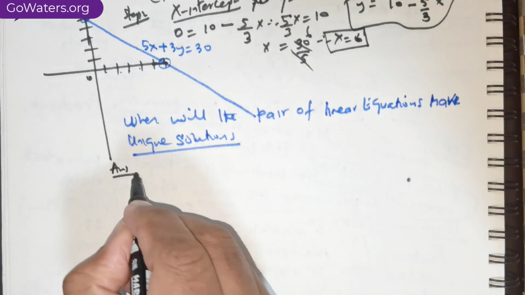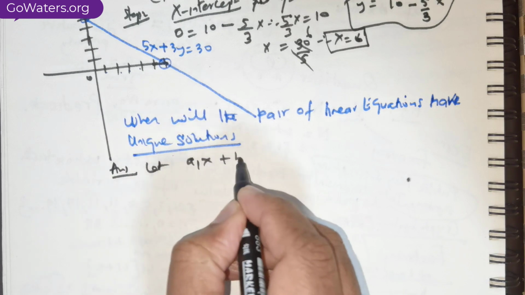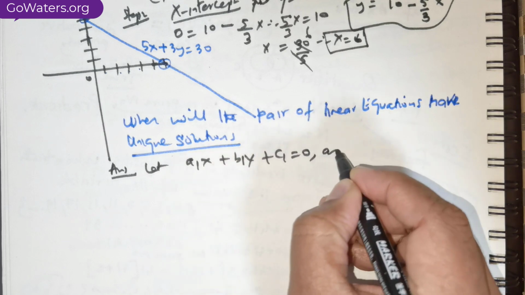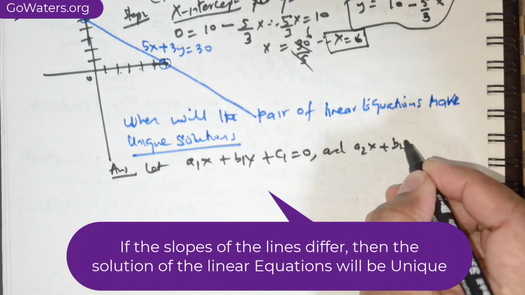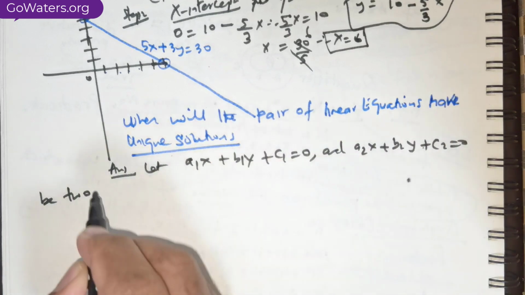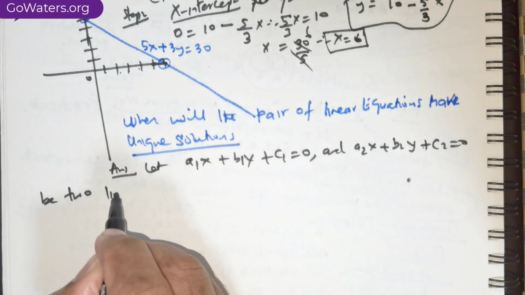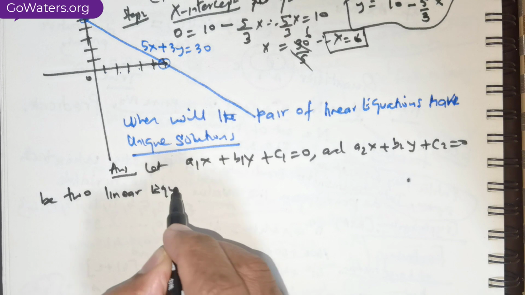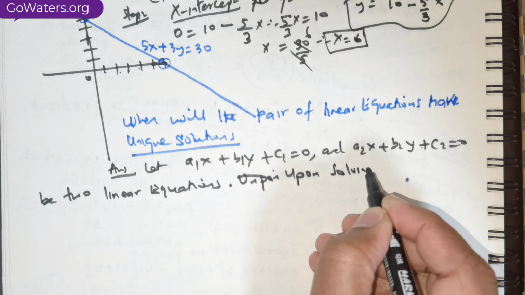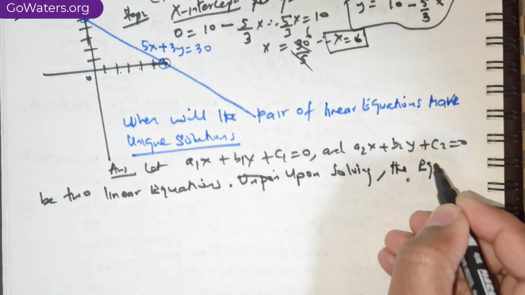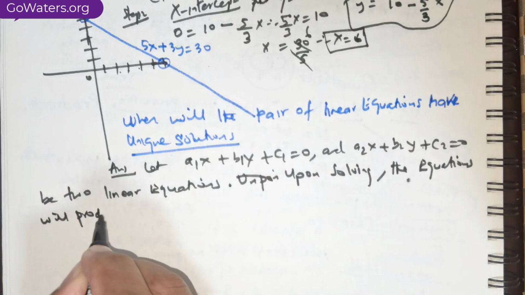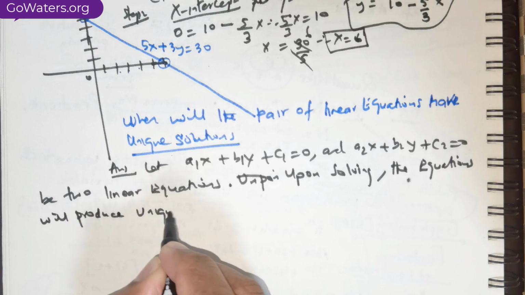Answer. Let a1x + b1y + c1 = 0 and a2x + b2y + c2 = 0 be two linear equations. Upon solving, the equations will produce unique solutions.